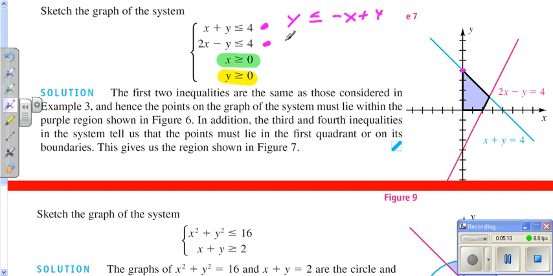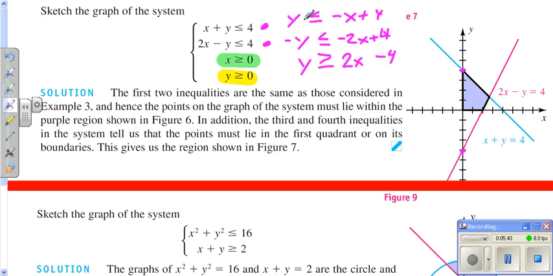Looking at the next one, I get negative y is less than or equal to negative 2x plus 4. Remember, when you multiply or divide an inequality by a negative, you've got to switch your inequality sign. So now I know my y-intercept is negative 4, which I have here, and my slope is 2, so go up 2 over 1, up 2 over 1, and so on.